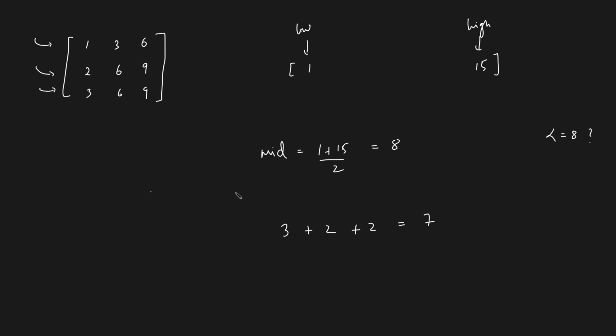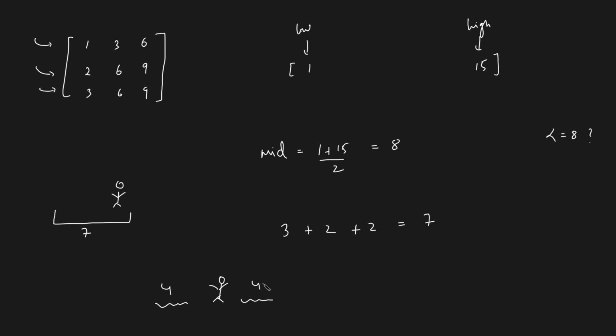Can I say, including 8, there are 7 numbers that are lesser than equal to 8, correct? And in order to find the median, you're going to try to shrink this 7 on the left, because median is something like this: a person, and there are 4 numbers on the left and 4 numbers on the right.